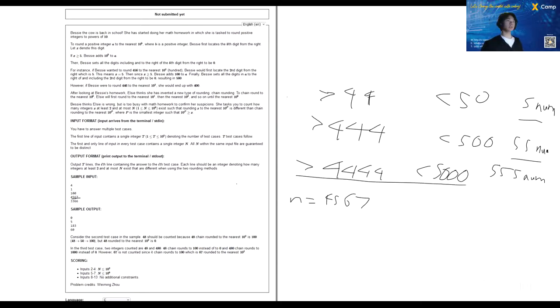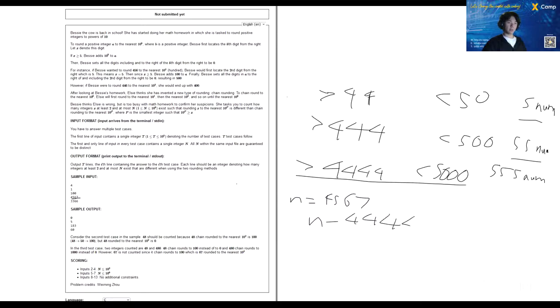So from here, we can just do some casework on the number of digits that n has. So if n's a 4-digit number, then we check if it's between 4,444 and 5,000, and we just do n minus 4444.